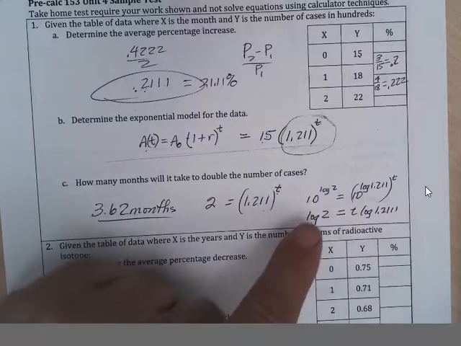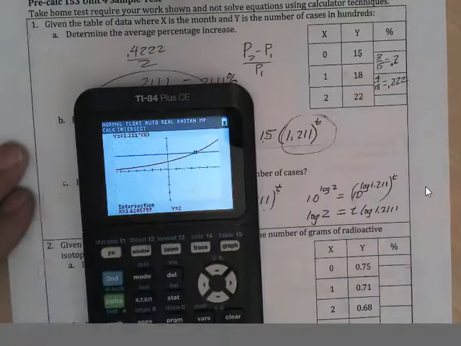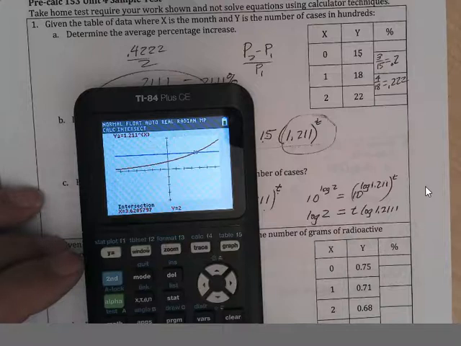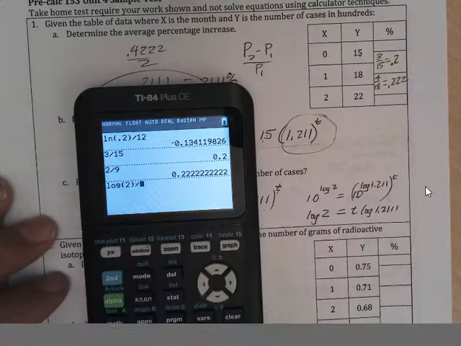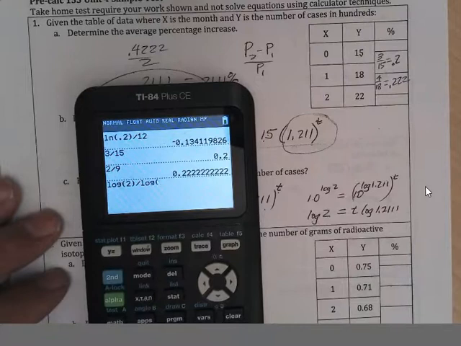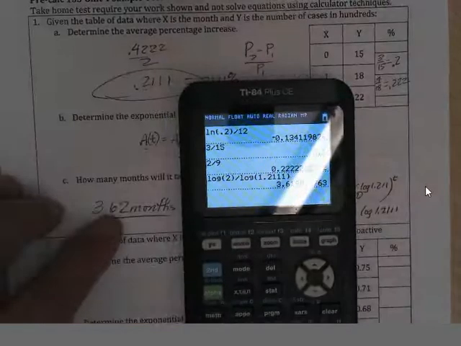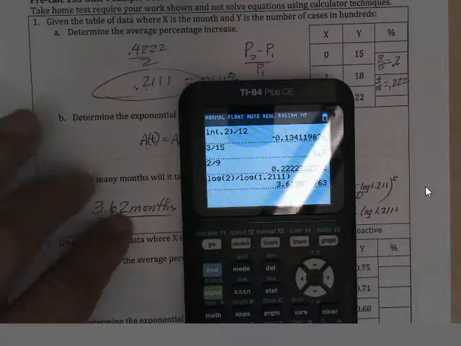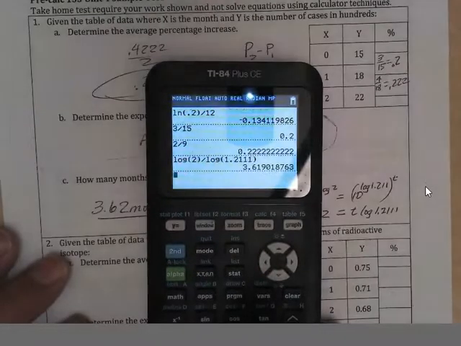And so if I divide log 2 by this, I'll find out what t is. So if I take log of 2 divided by log of 1.2111, close parenthesis, I should get roughly the same number, 3.62 rounded off months. Okay?